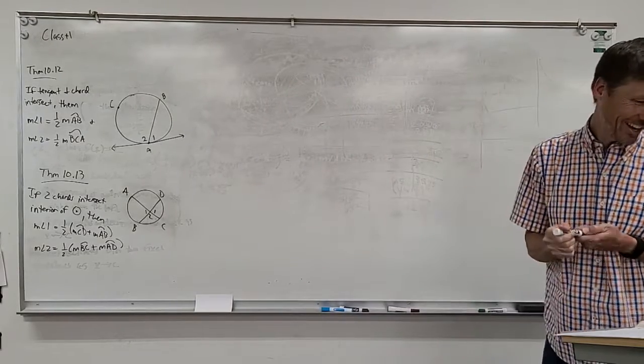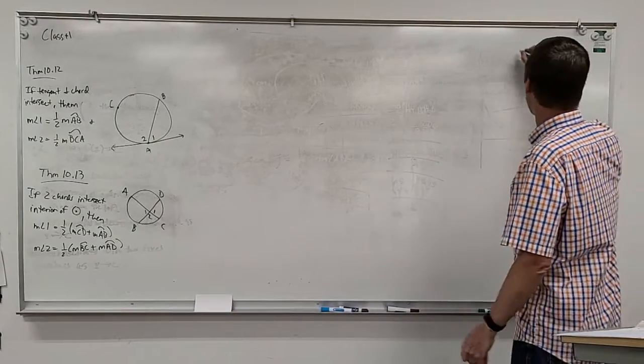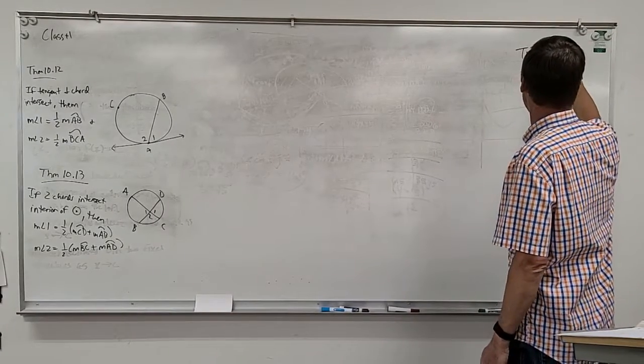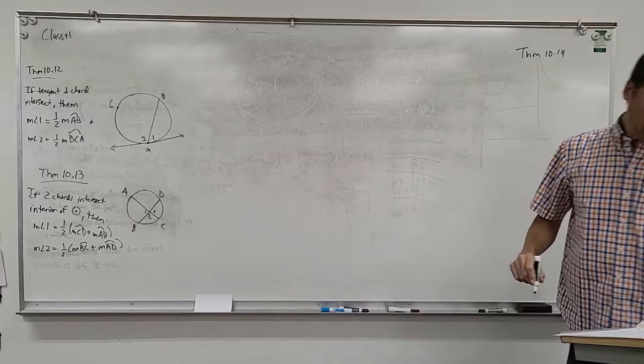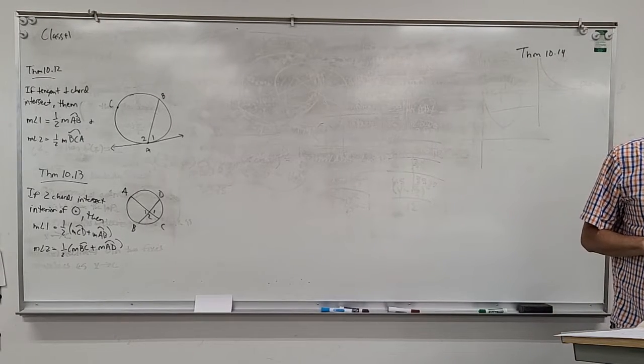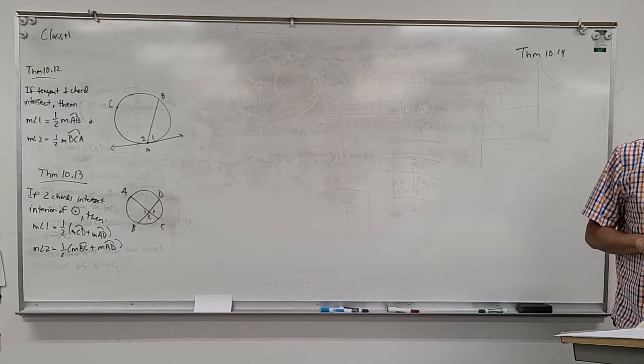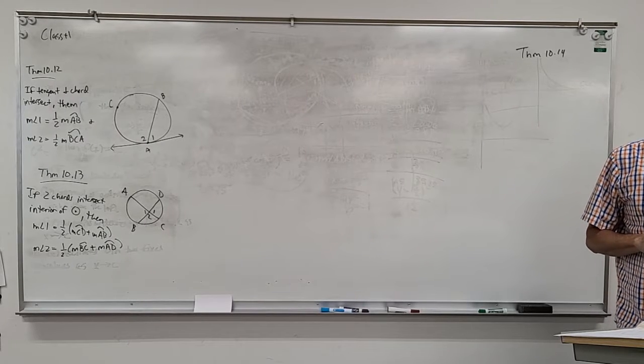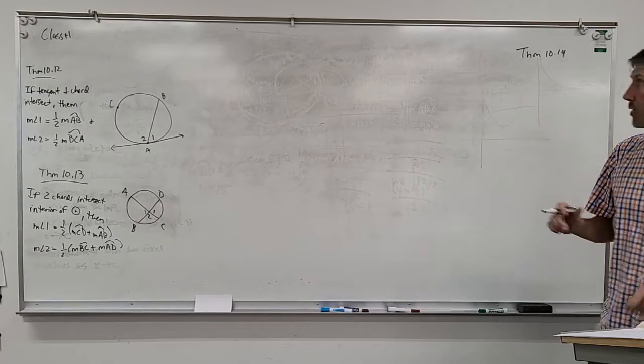We do too. All right, so theorem 10.14, we got a bunch of drawings with this one. But the basic idea is the same for all of them. This is where I said you needed to remember the definition of a secant versus a tangent. And you basically have three drawings.